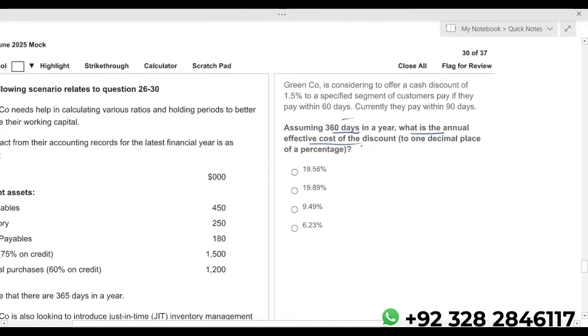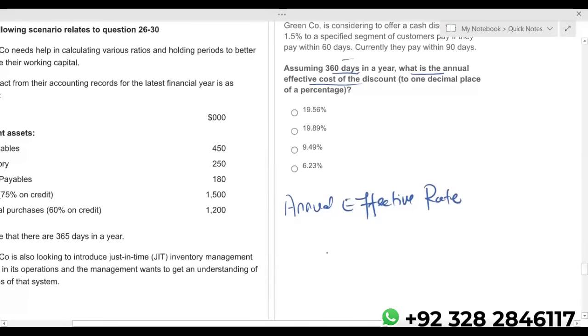Annual effective rate of the discount is equal to, how will you calculate this? It's very simple. 1 plus take the discount amount, divide by net amount.